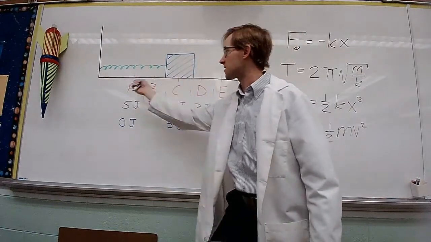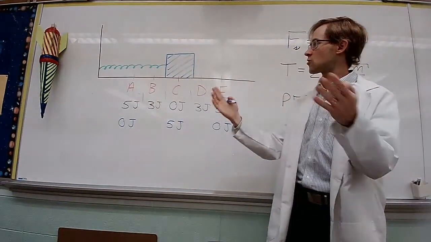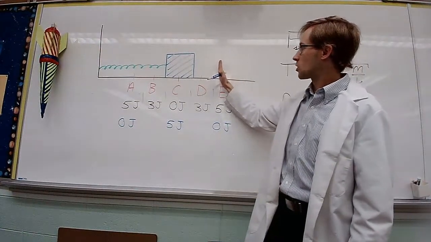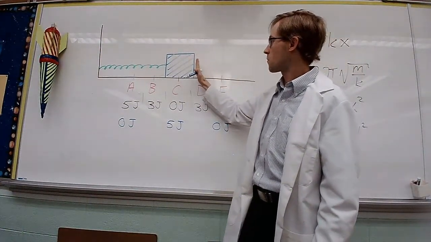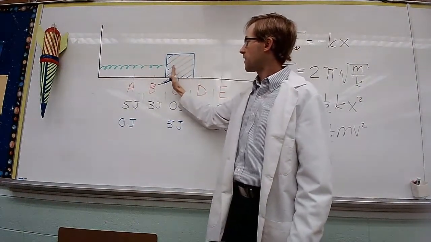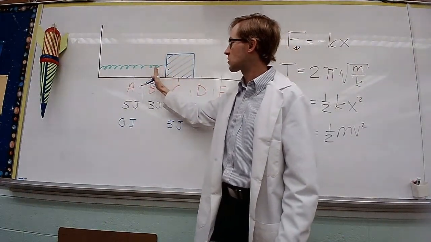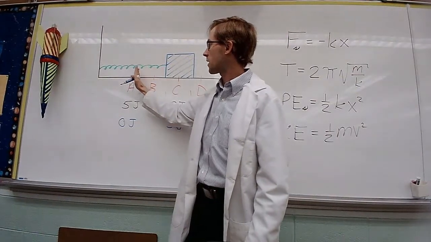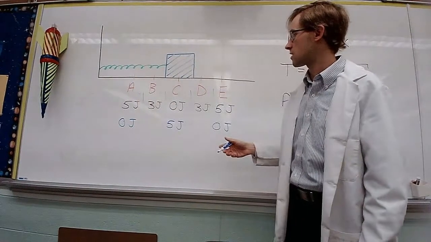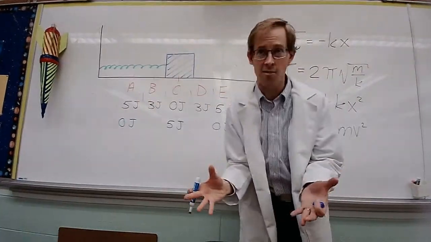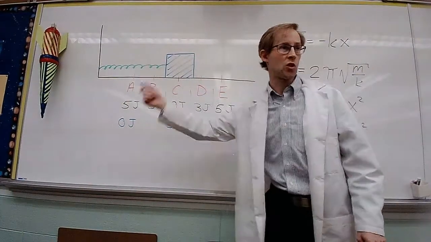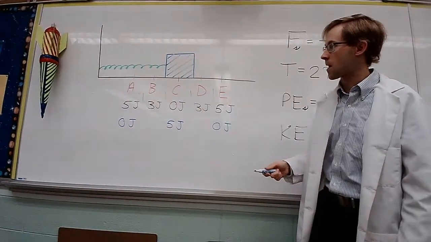And as it oscillates, that energy is distributed between spring potential energy and kinetic energy, more and more kinetic energy, and now you've got maximum kinetic, and then from here on out, the kinetic decreases, getting more and more spring potential, and now you've got your maximum spring potential over there. But if you add everything together, you've got 5 joules of energy between those two energy forms this entire time.